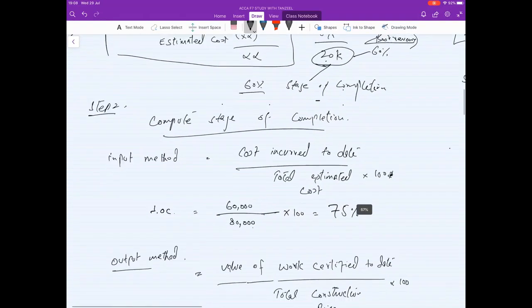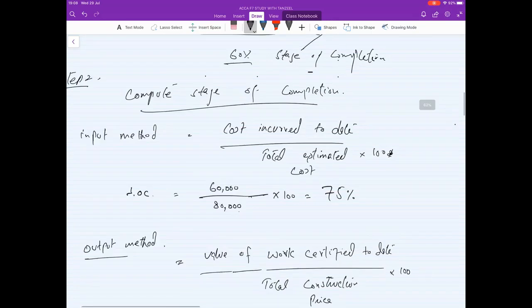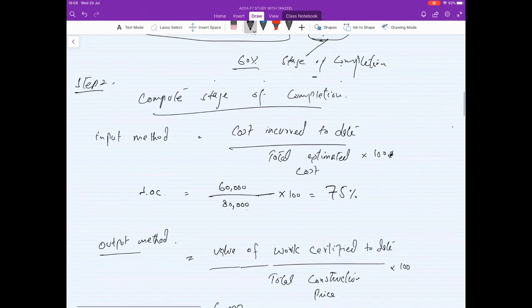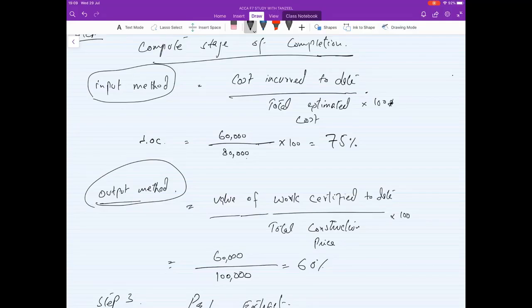Okay, stage 2, or step 2, is compute the stage of completion. How can we say how much I have done already? How can you say that I have done 60%, or I have done 20%? There are two methods: one is the input method, the second is the output method. The input method is cost incurred to date divided by total estimated cost.